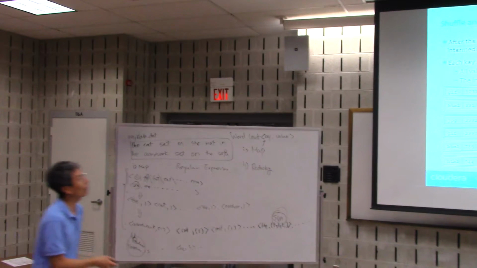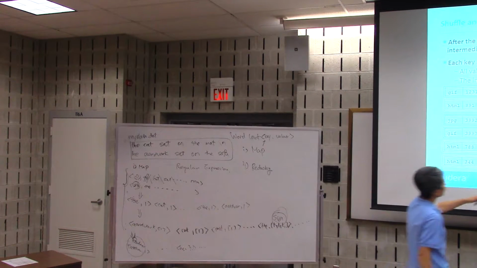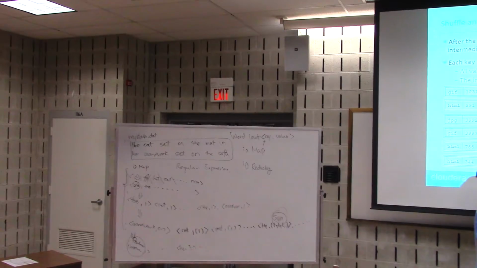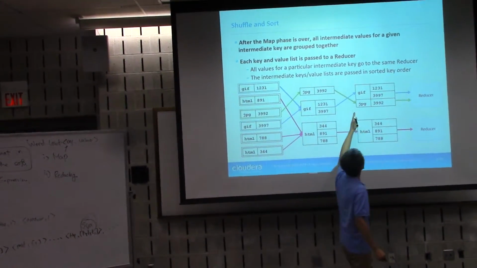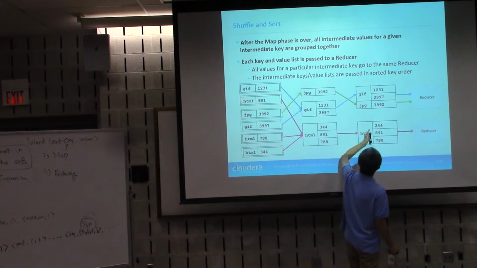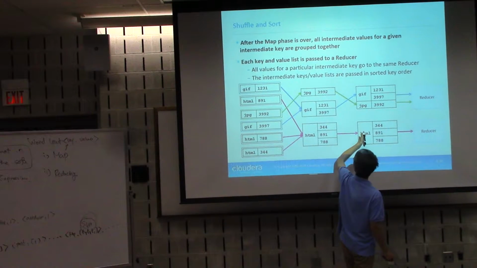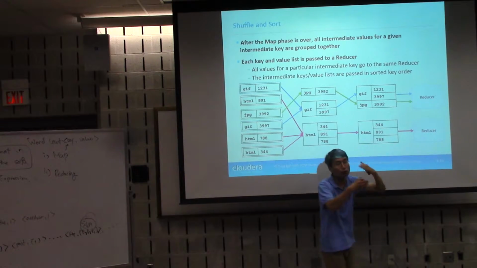So this is called the intermediate form. This is the end of the output of the mapper. Then the reducer will combine by the key, then do processing.